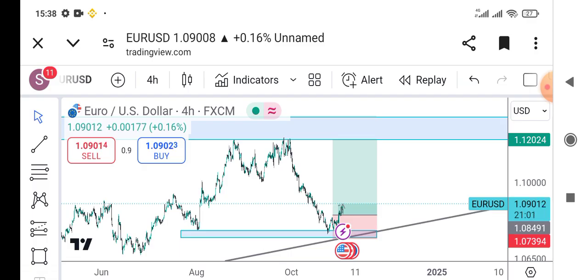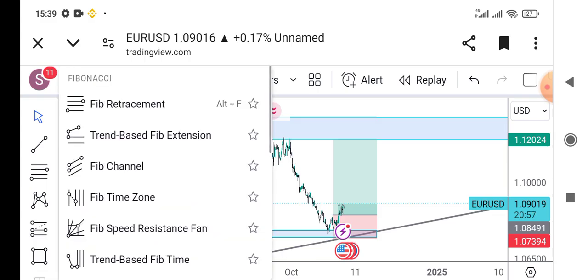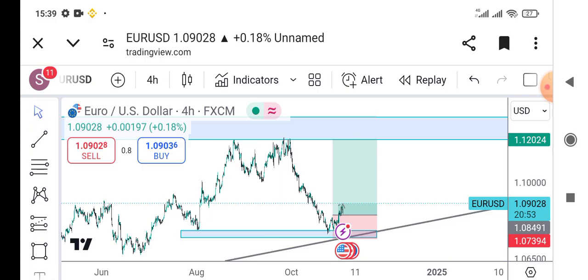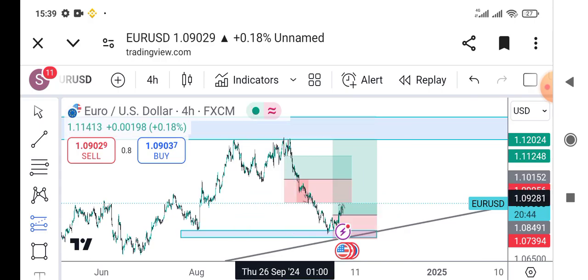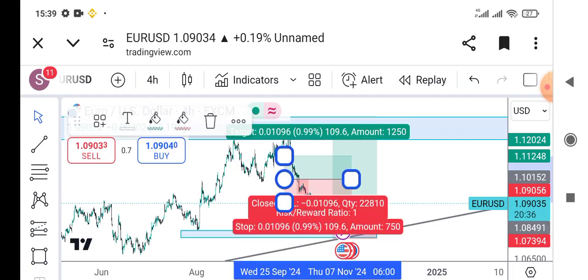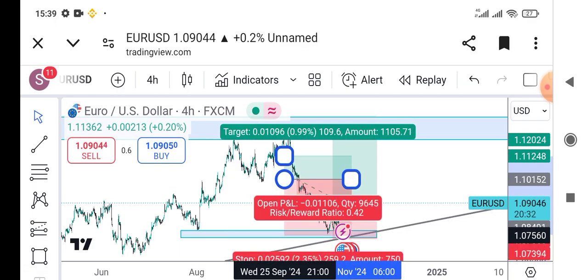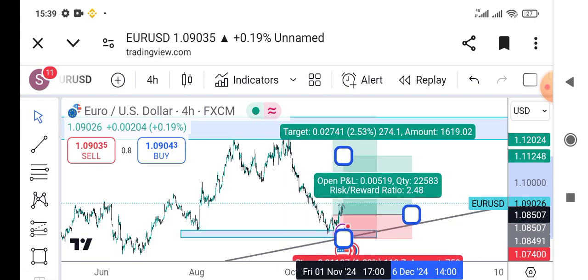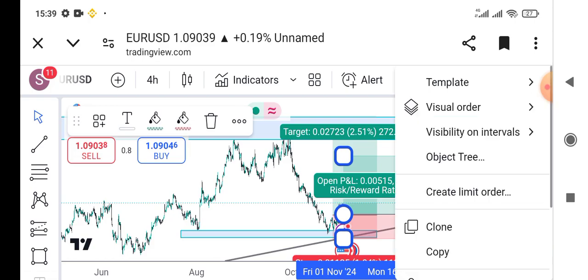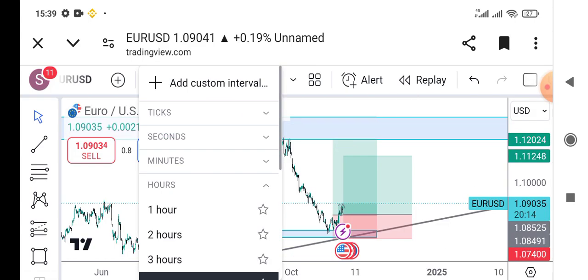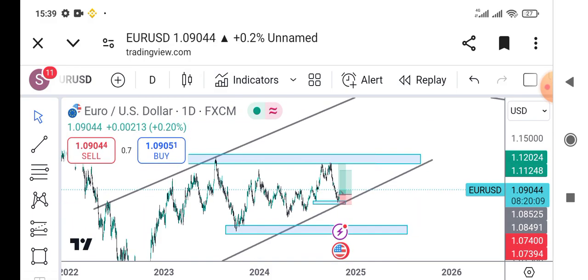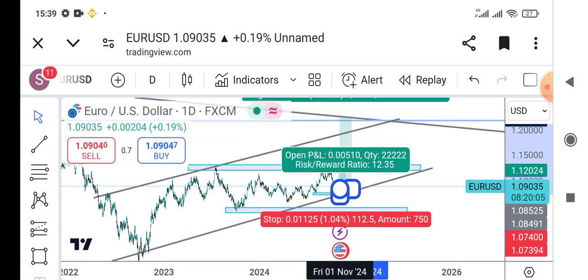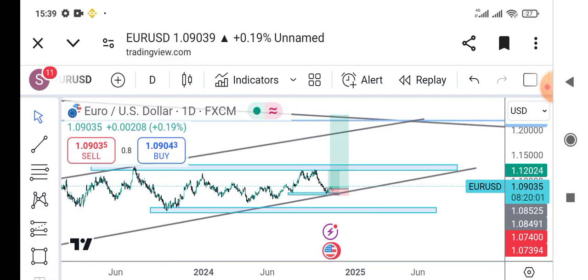The other one is for swing traders. Now we'll come back to our daily, to that level, you see.